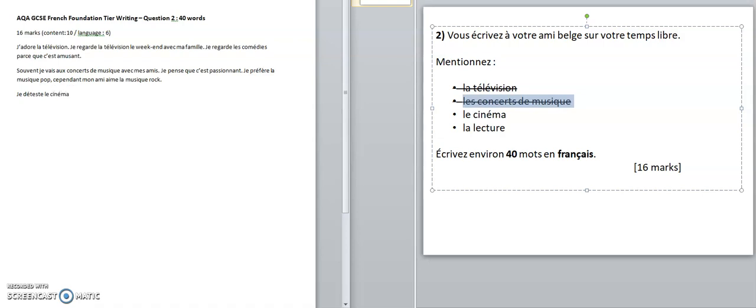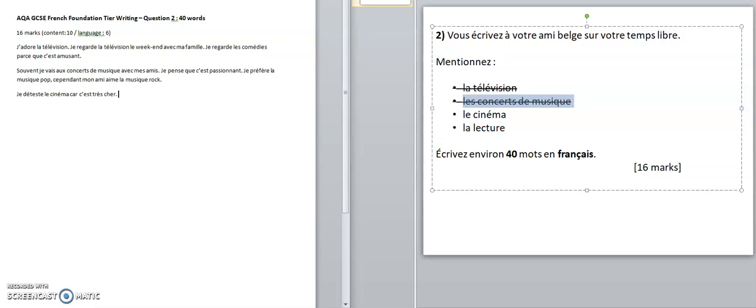But of course, this is a little bit more tricky, because I might run out of things to say if I say I hate it. Je déteste le cinéma car, I've said parce que, so I'm going to vary it, car c'est très, very, get the accent the right way around, très cher, because it's very expensive. I hate cinema because it's very expensive.